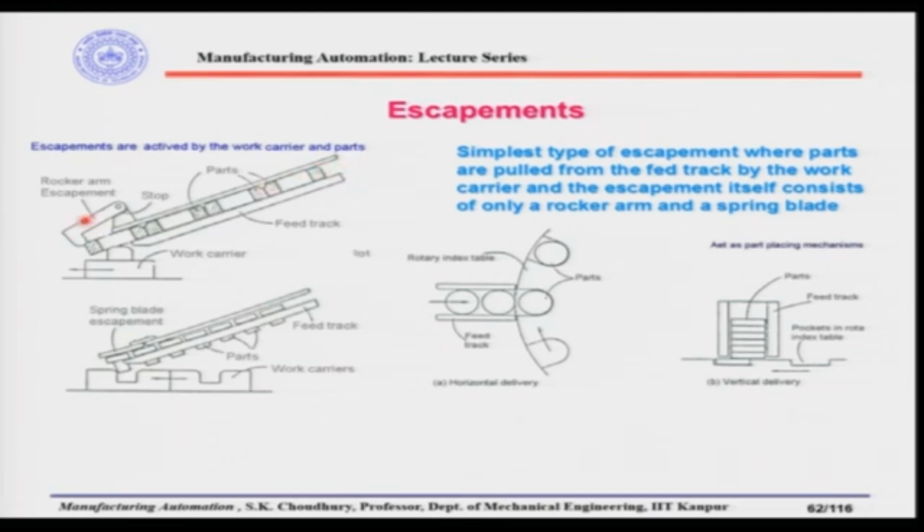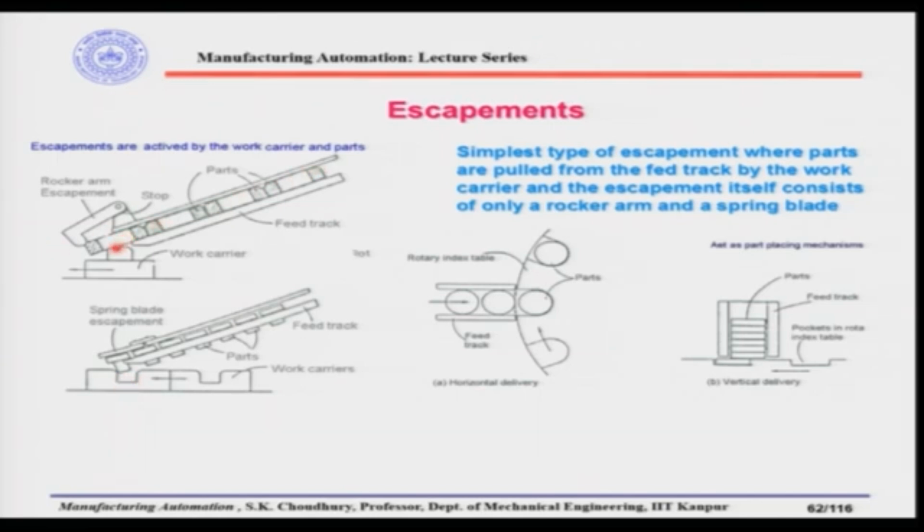Now, if we have a rocker arm escapement, all right, or a spring blade escapement as shown in this diagram. These diagrams are self explanatory in the sense that rocker arm escapement or the spring blade escapement, they are assisting the parts to come to the work carrier one by one. Okay. All of them will not be coming.